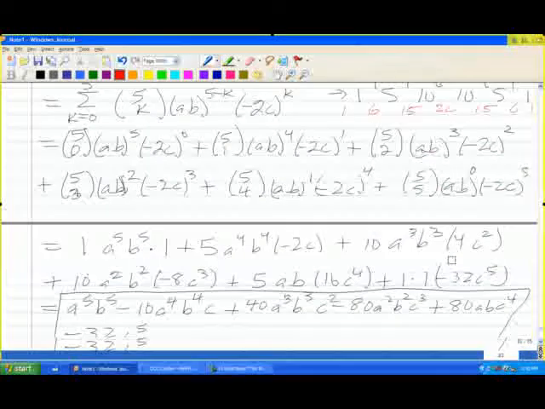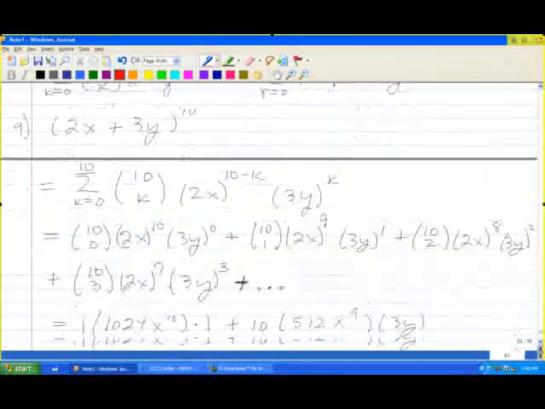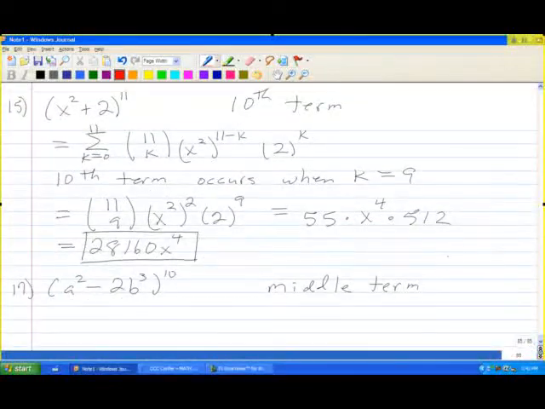And so to find the middle term, that implies that the middle term is when k is equal to n over 2. And that gives me the middle term, so long as I'm starting to count when k is 0.